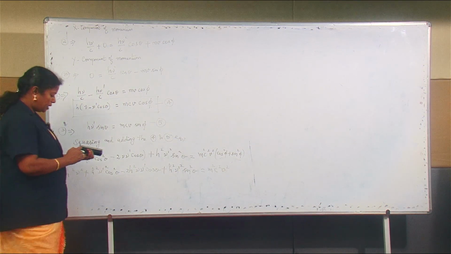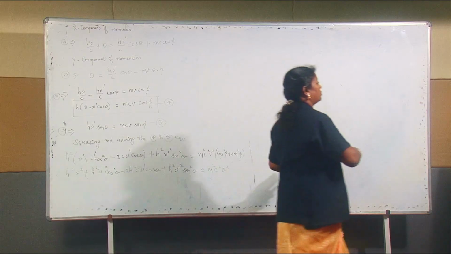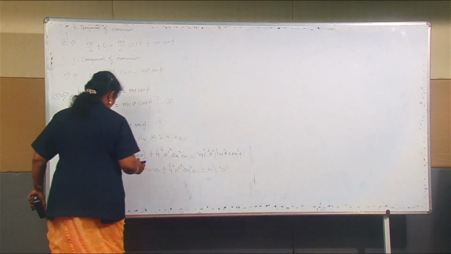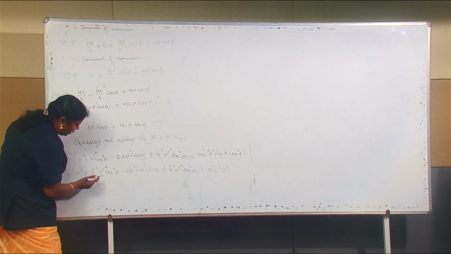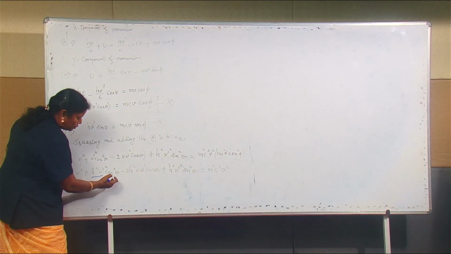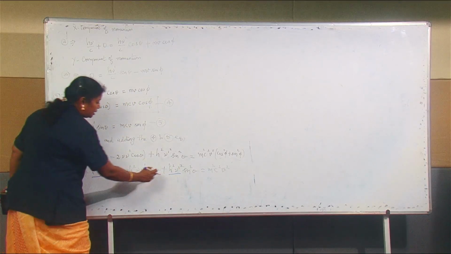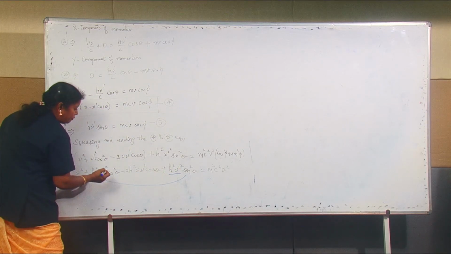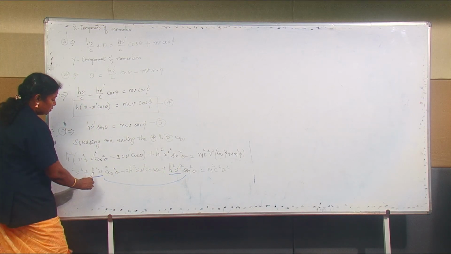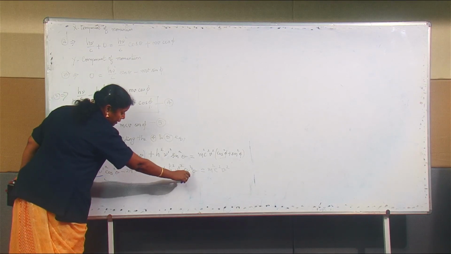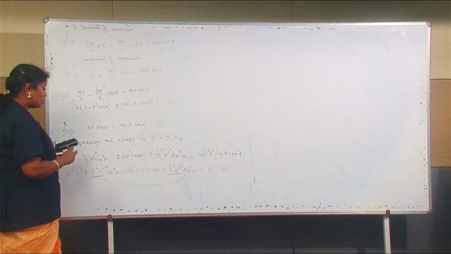So, what are the common terms again we have? See, here it is h squared ν' squared cos squared θ, here it is h squared ν' squared sin squared θ. If we add these two, what will we get? The common terms are h squared ν' squared, and it is cos squared θ plus sin squared θ. So, cos squared θ plus sin squared θ will be 1.